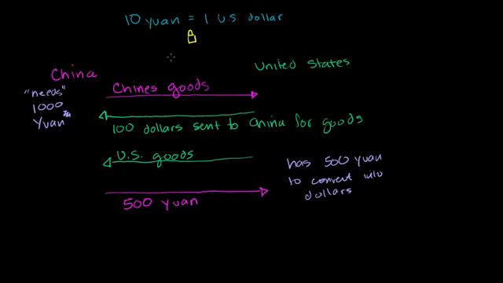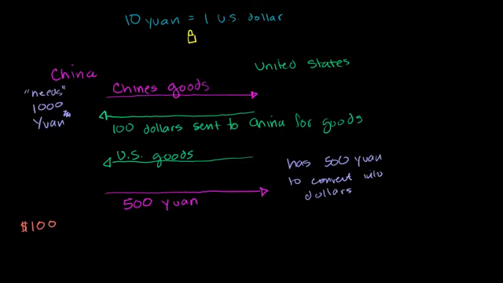So the Chinese central bank, remember, where are the excess dollars? They're over here. Let me make it clear. There's $100 over here that needs to be converted into yuan.